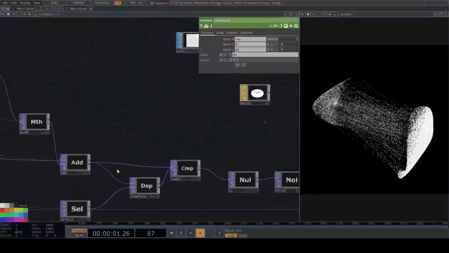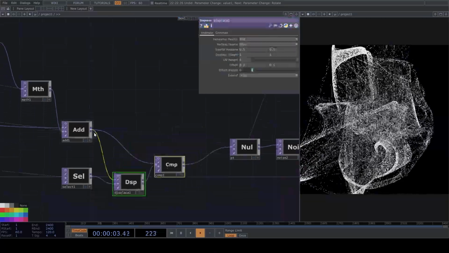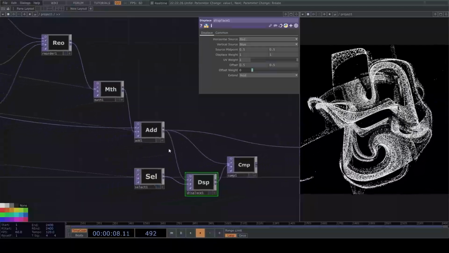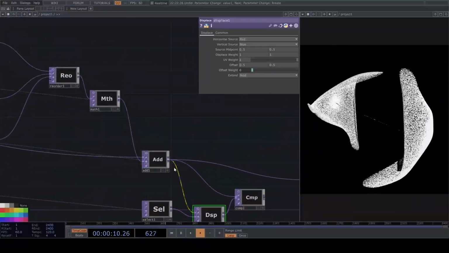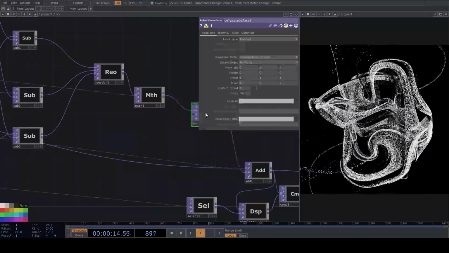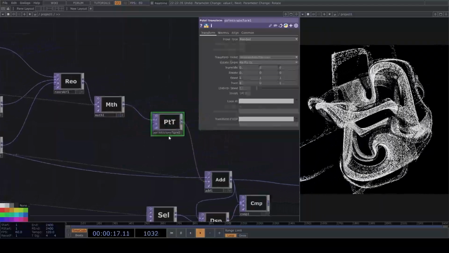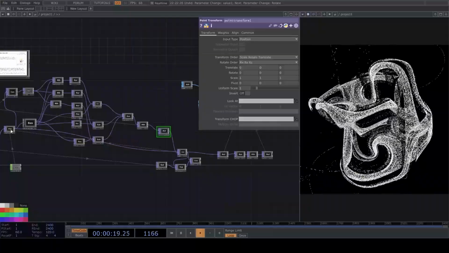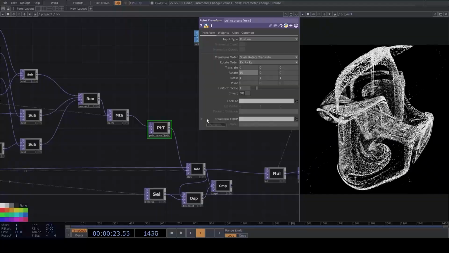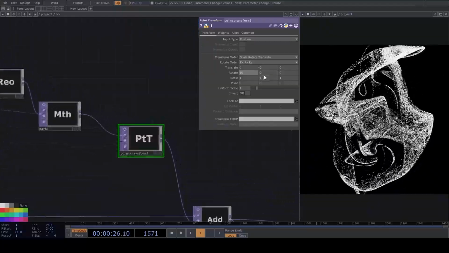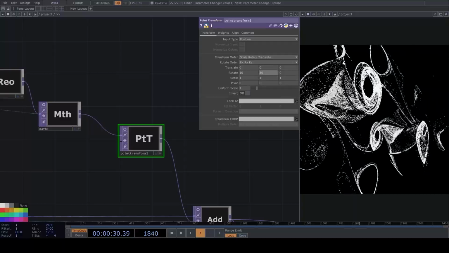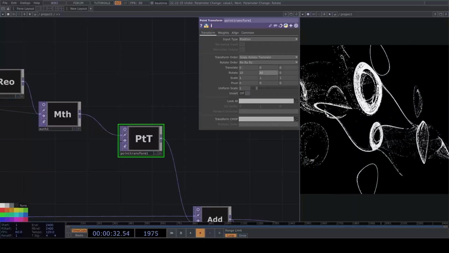Next, as we did in previous tutorials, we could rotate the whole system a little each step of the feedback loop. And it's pretty fast, and you could see how it changes across the time.